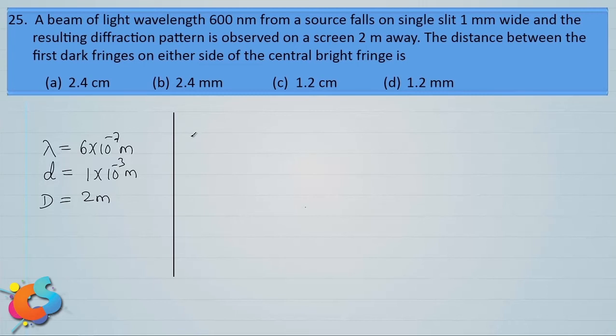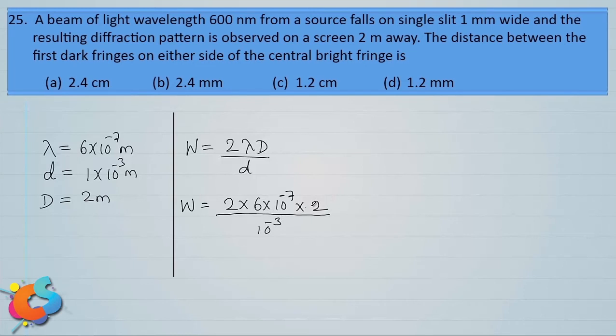Or in other words, it is simply the width of central maximum given by the formula W is equal to 2 lambda D divided by d, where small d is the slit width. Now, let's substitute the values known. W is equal to 2 into wavelength is 6 into 10 power minus 7 into the screen's distance is 2 meter divided by small d is just 10 power minus 3.